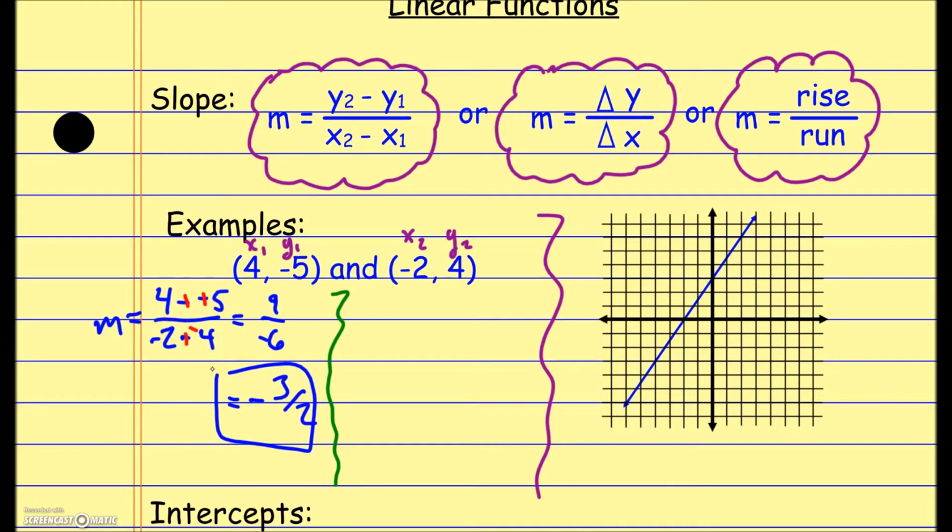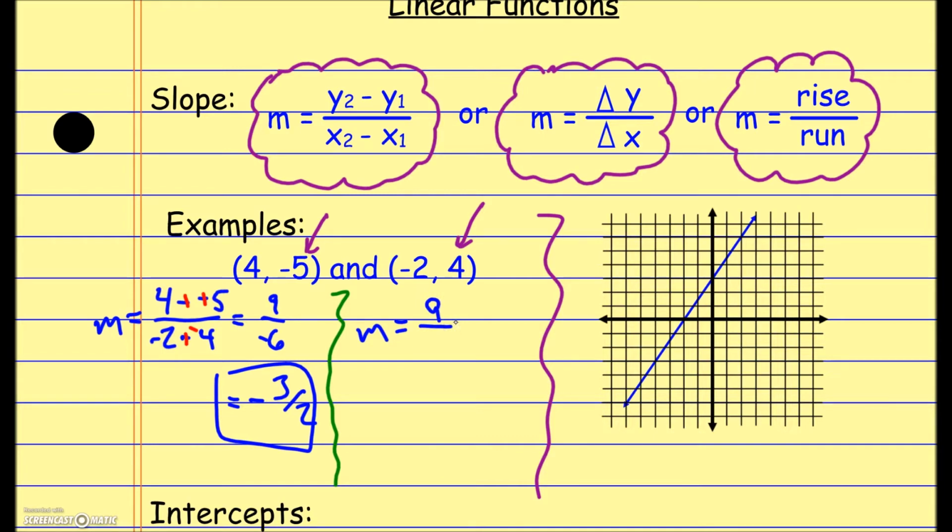I can do the same thing in terms of change in y over change in x. And when I do that, I essentially just look at from one point to the next. So in this particular example, I might look at this negative 5, and then I look at the next y value, which is the 4, and I ask myself, how did y change? Well, it went from negative 5 to positive 4. It went up 9, so I write down a positive 9 for my change in y.